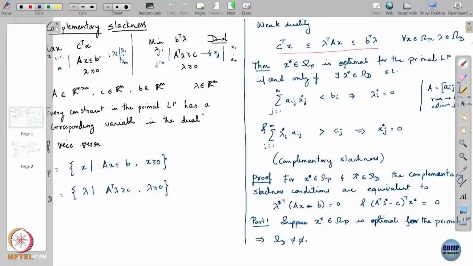Okay. And this is the root of why linear programming is non-trivial. But you will soon see that this kind of nonlinearity comes up in all types of problems involving inequality constraints. The nonlinearity is in this product equation.